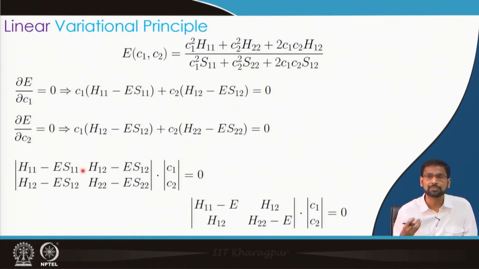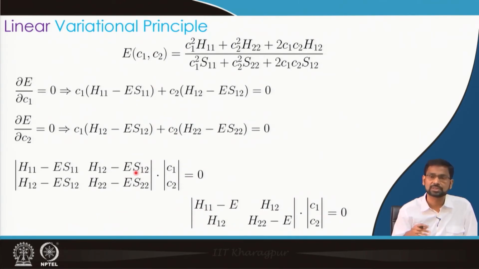So in that case, these psi i's form a complete set of orthogonal basis functions. When they are orthonormal, since psi1, psi2, all of them are normalized, S11 and S22 become 1. And since they are orthogonal to each other, the overlap of psi1 with psi2, that is S12, becomes 0. But that's not necessarily true in all cases.